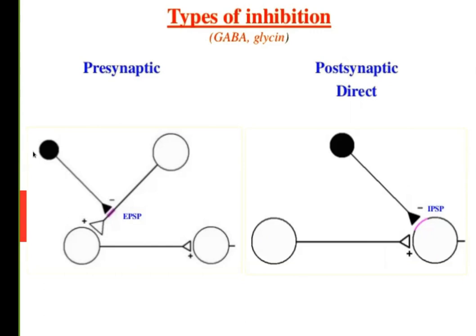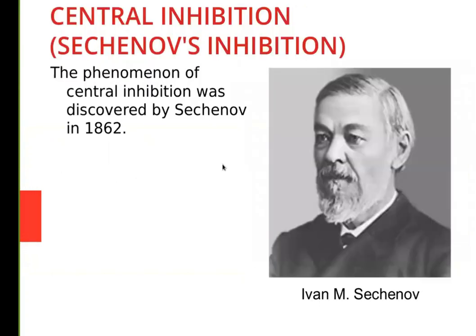Or the second way, the inhibitory neuron may attach to the second neuron in the chain, to the postsynaptic area, and we talk about postsynaptic inhibition. It's important because these two types of inhibition have different mechanisms, and in clinic, in practice, we may regulate these two types of inhibition in different ways.